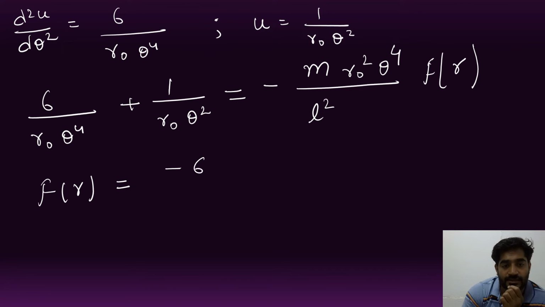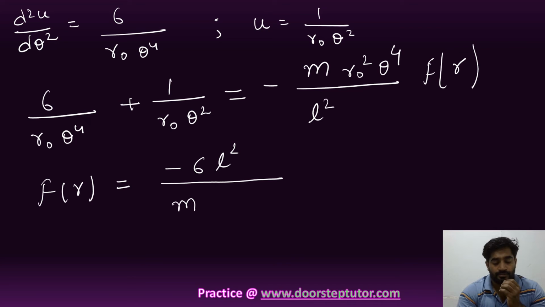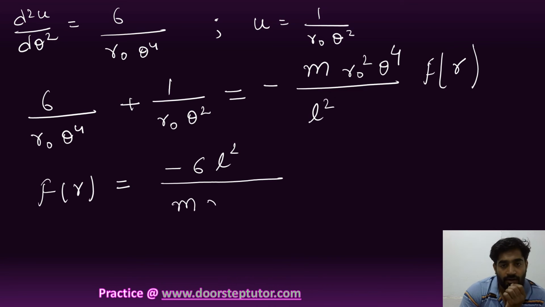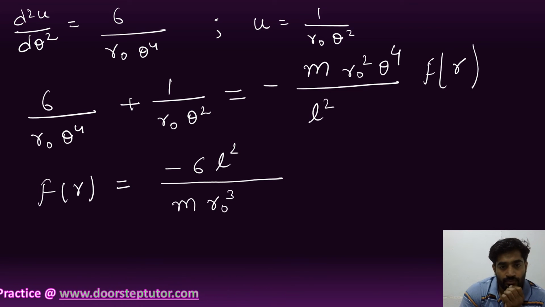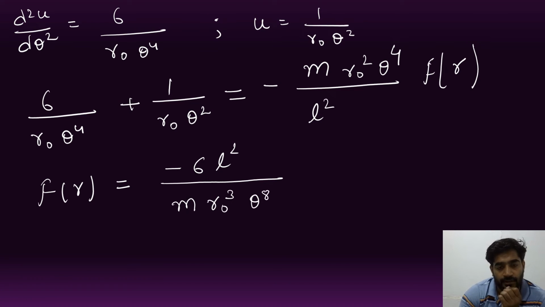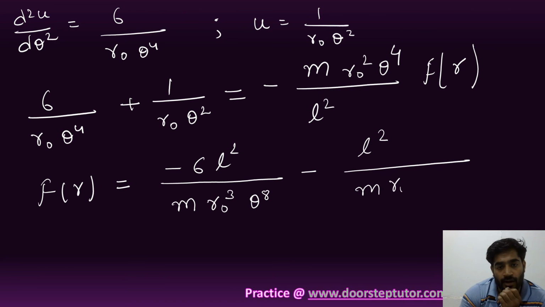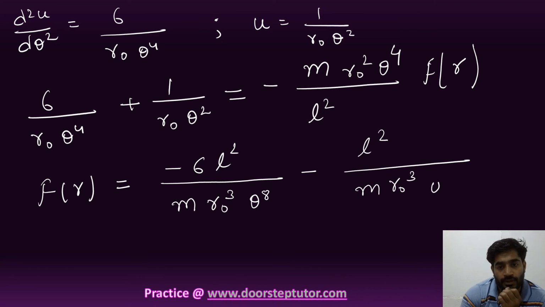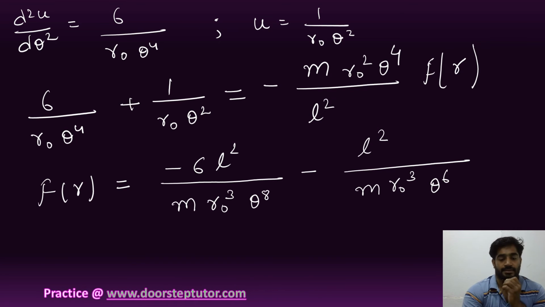It will be 6 l square upon m r naught cube theta to the power 8, minus l square upon m r naught cube theta to the power 6.